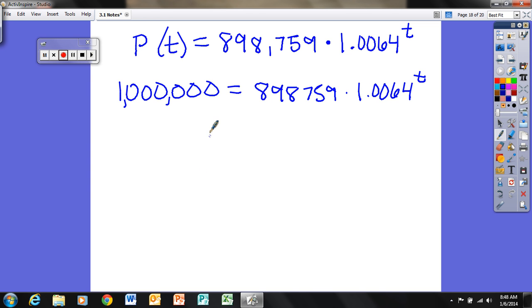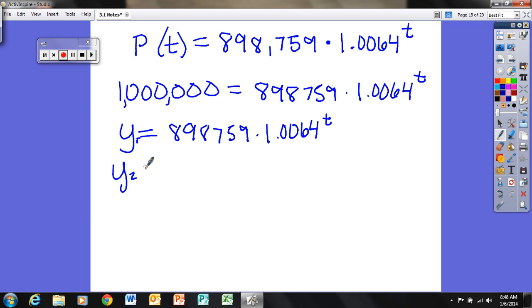So on your graphing calculator, you're going to input in y1 equals 898,759 times 1.0064 to the x, which we know is really to the t. And then in y2, you're going to put in 1 million.